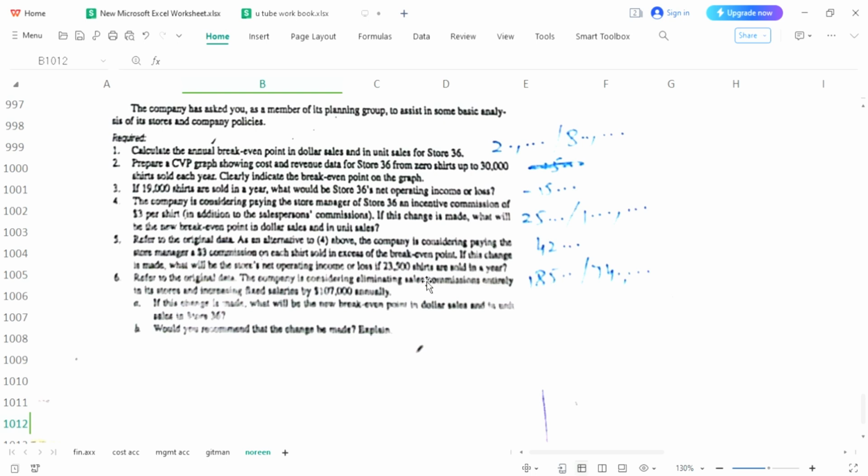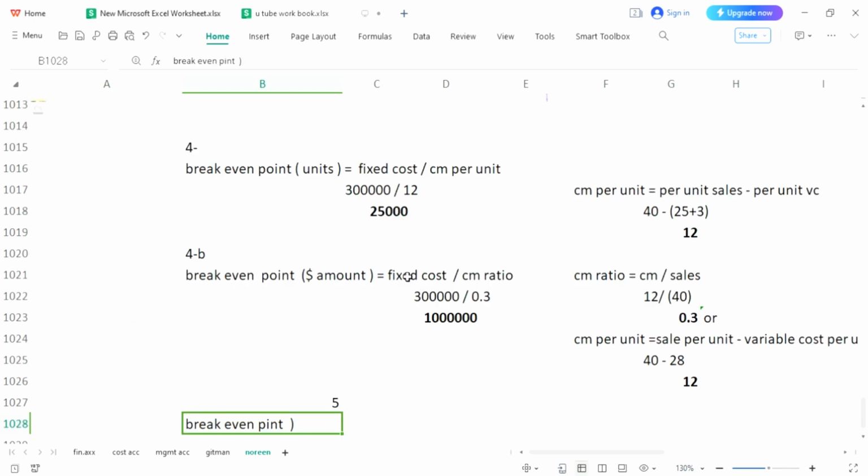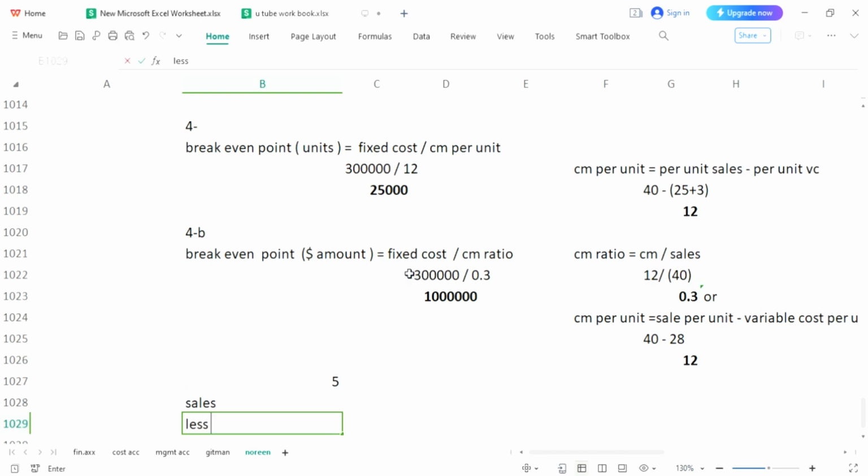Now we are doing, if this change is made, what will be the net operating income? Not break even point, he wants to calculate it for 23,500 units. For that we will have to make a complete statement. First we will write sales, and then you will subtract your variable cost.